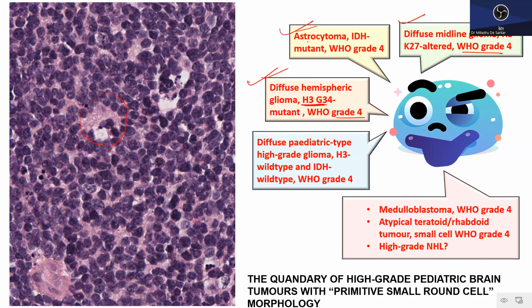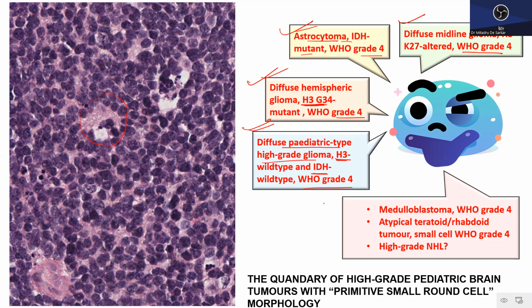It could be an astrocytoma of IDH mutant category, again grade 4. And if those mutations are not present in a young child or even in a teenager, this might be a diffuse pediatric type high-grade glioma, which is wild type for both the histone mutations as well as the IDH mutations, and that also gets a grade of 4.